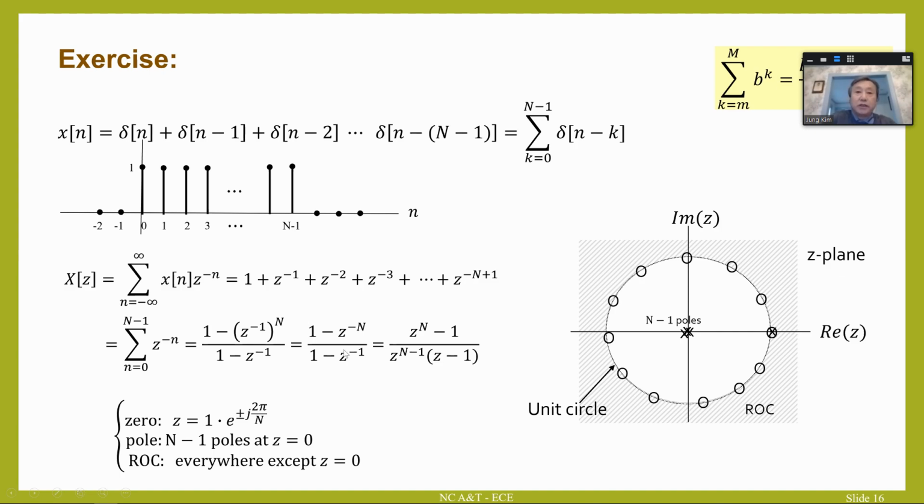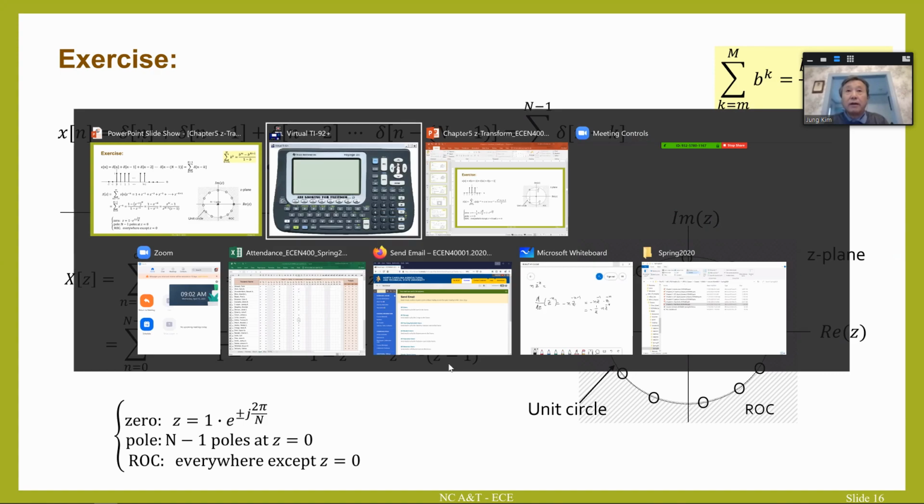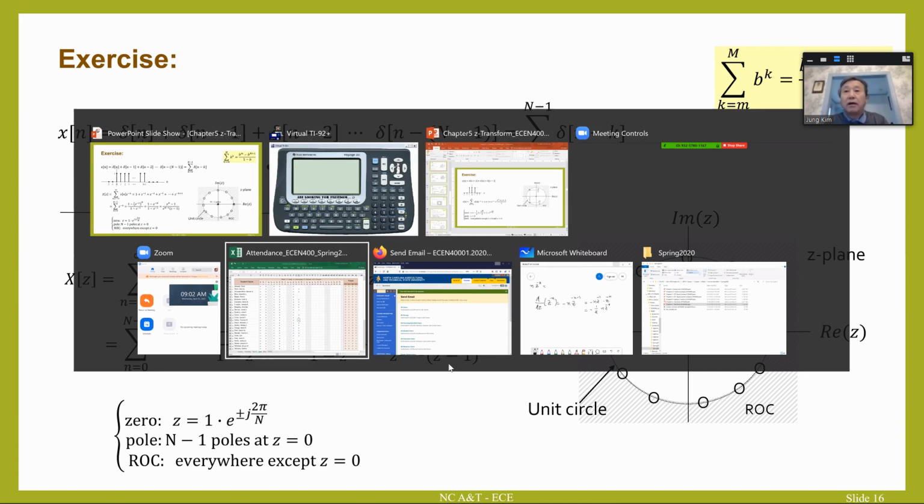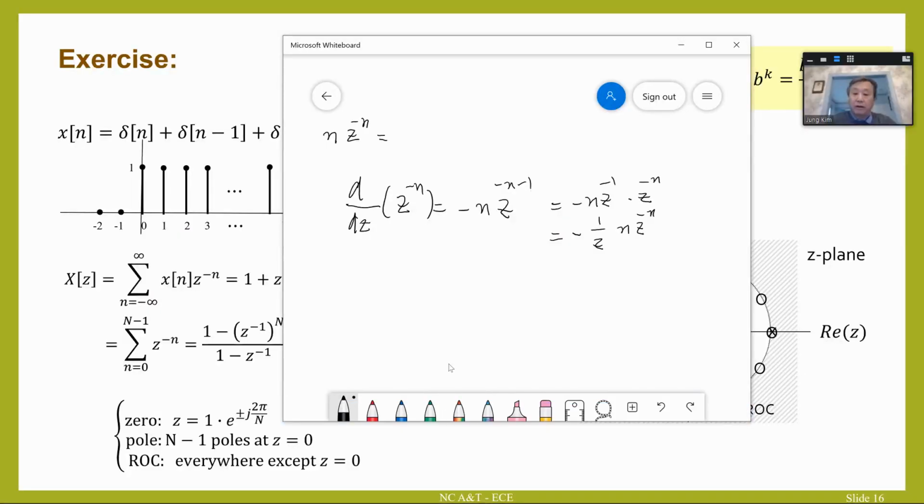Arranging this, the denominator part uses G to the minus 1 times parentheses G minus 1. Let me use my notepad.